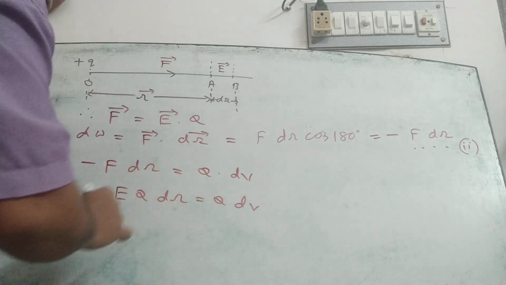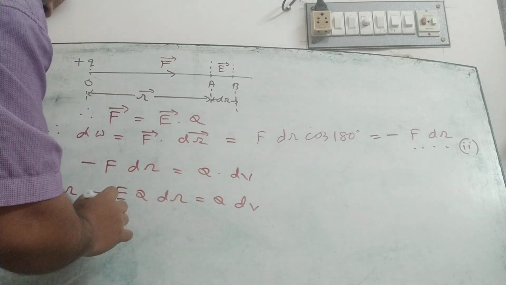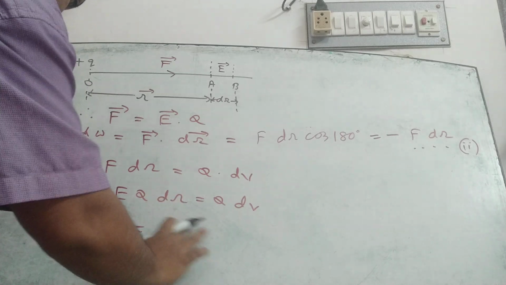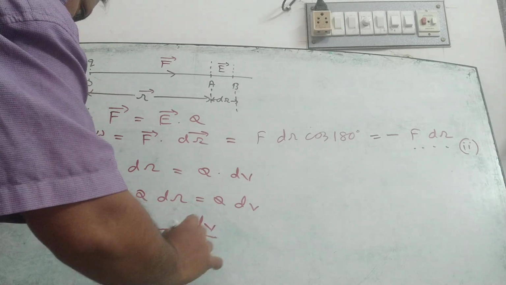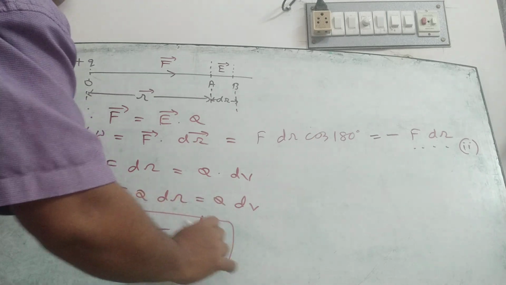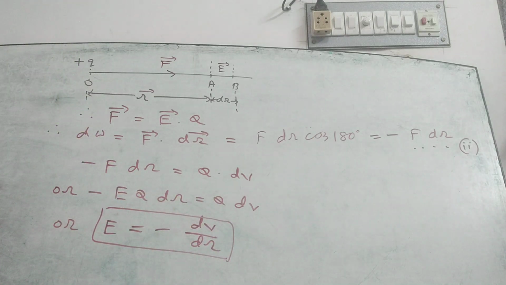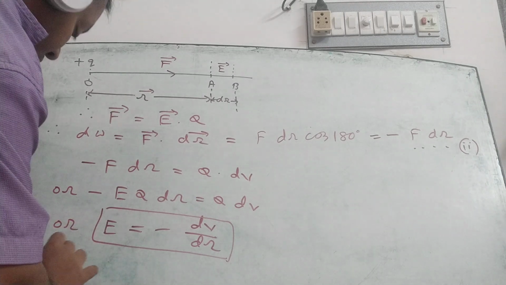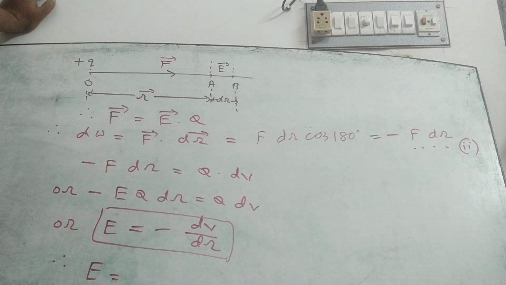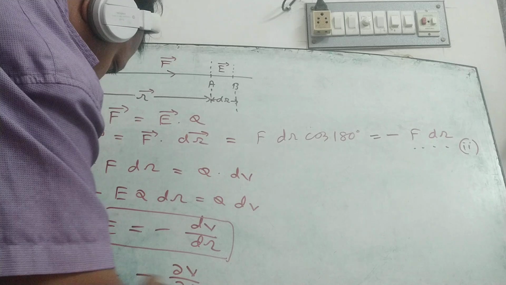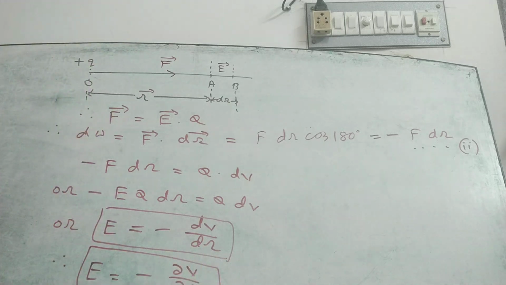We can cancel Q on both sides. Therefore, E is equal to minus dV/dr. Since electric potential V is a function of r, we can also write E is equal to minus partial V by partial r, where the partial symbol represents the partial derivative.